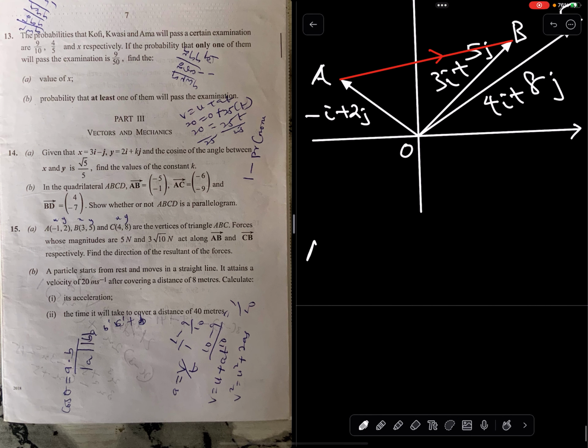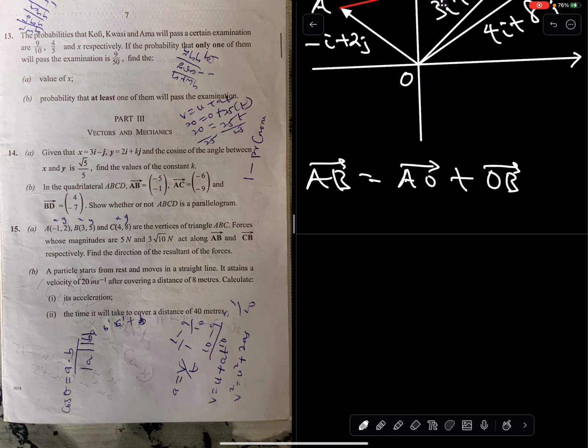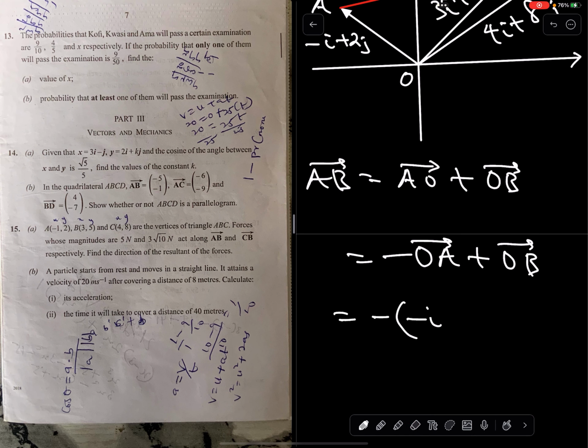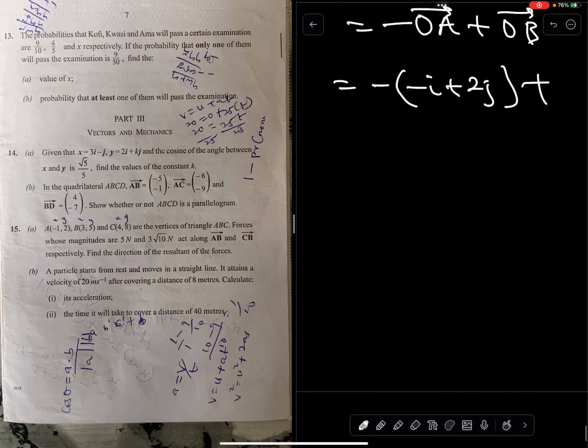Now AB is the same as AO plus OB. And I know that AO is the negative of OA. So AB is minus OA plus OB, and that's equal to minus (-i plus 2j) plus OB, where OB is 3i plus 5j.